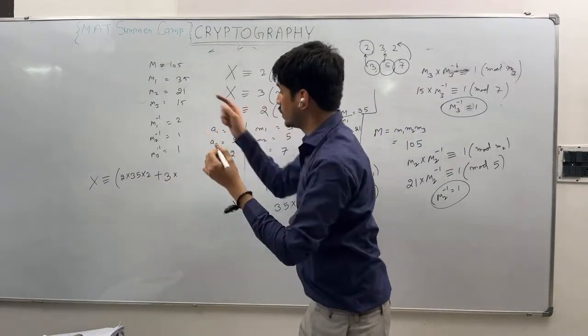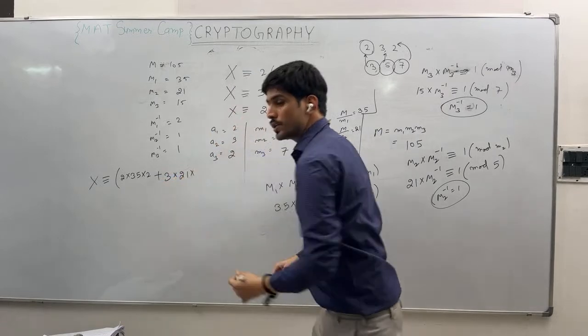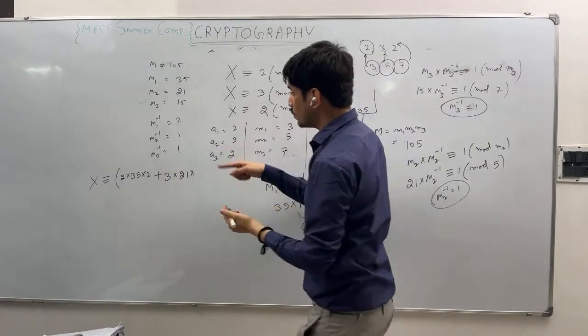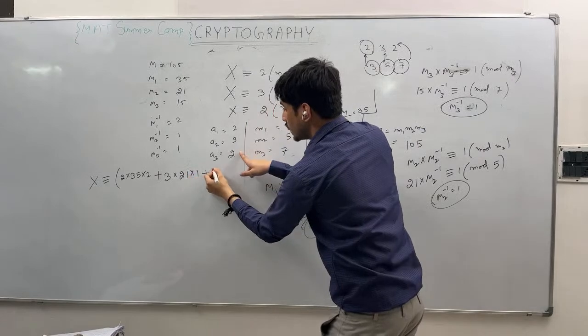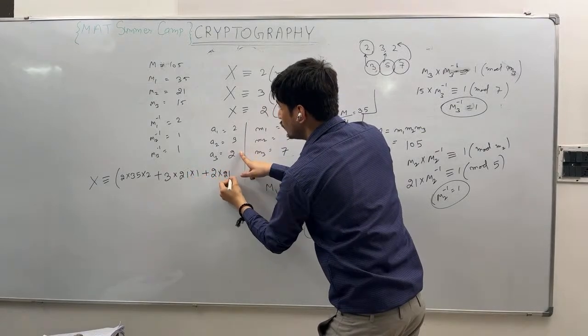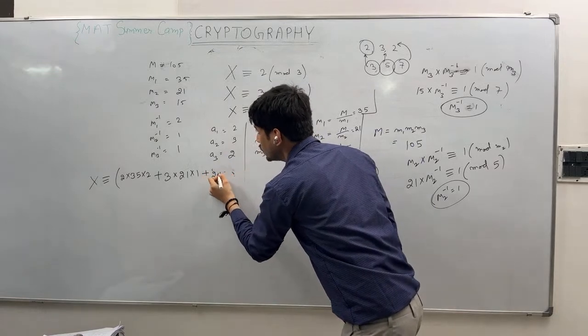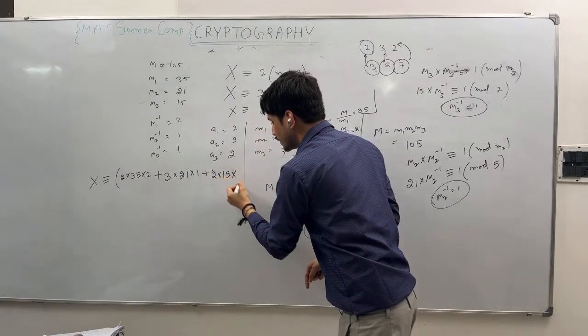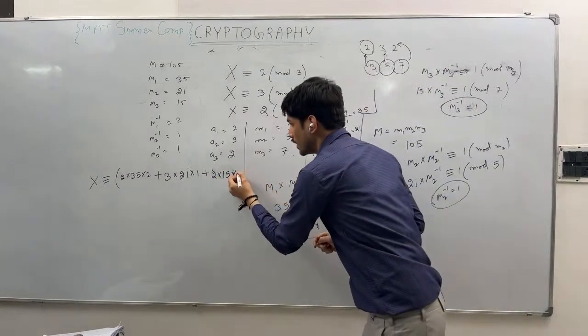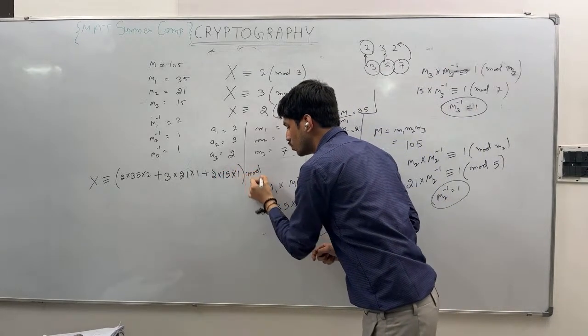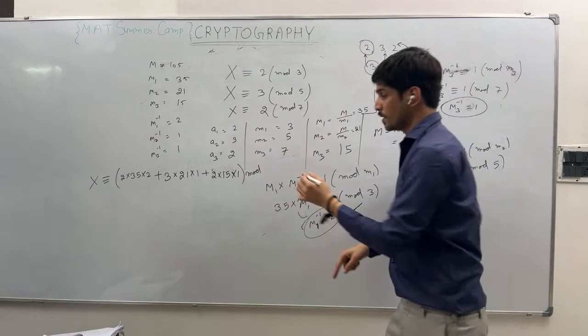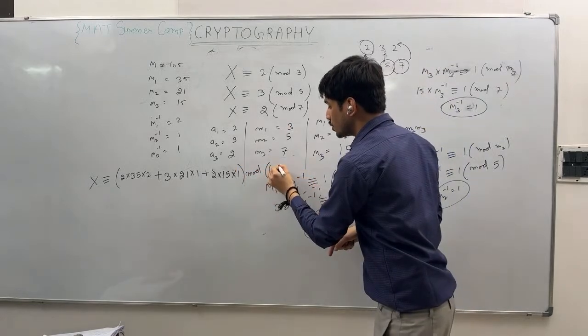What is M2? 21. What is M2 inverse? 1. Plus A3 M3 M3 inverse. What is M3? 15. What is M3 inverse? 1. And here, mod M. What is capital M? 105.